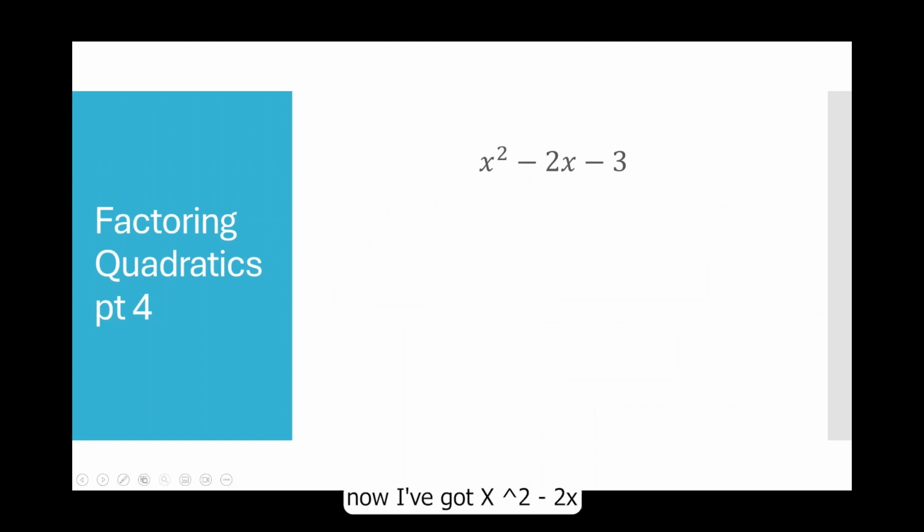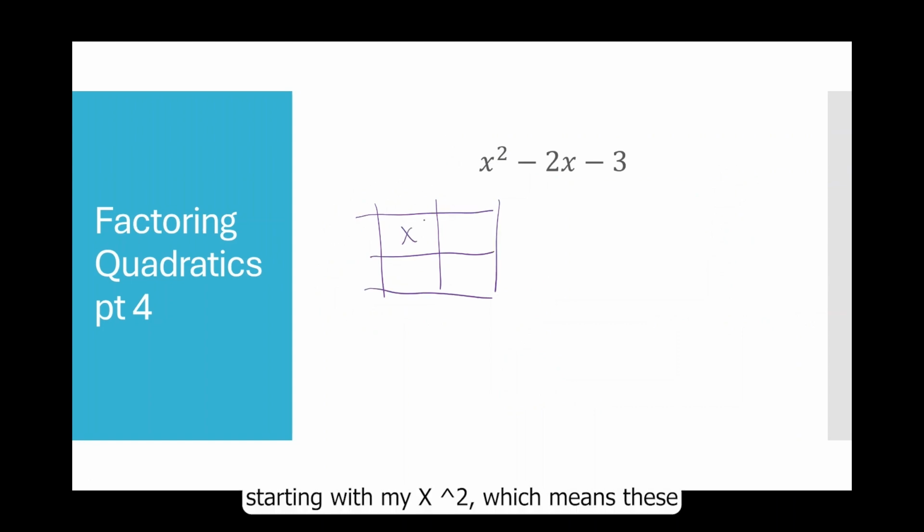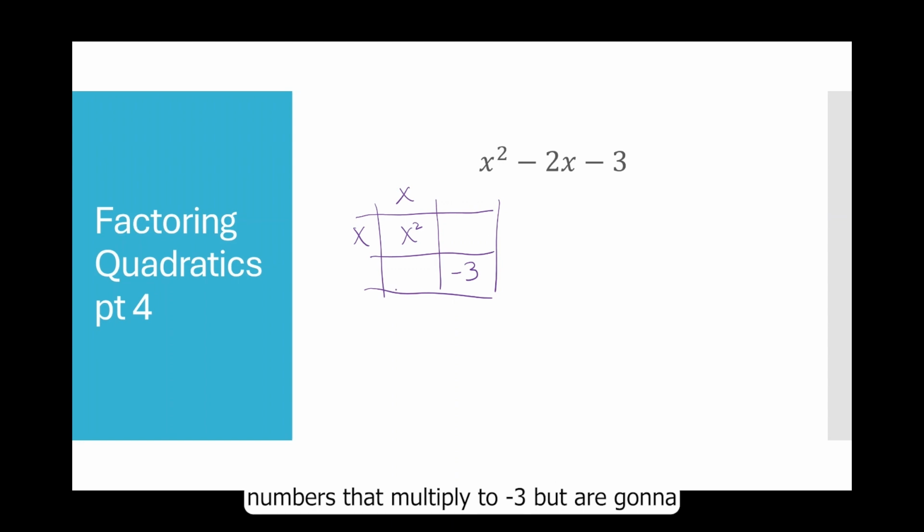So now I've got x squared minus 2x minus 3. Again, if I do the box, I'm starting with my x squared, which means these have to both be x. And down here I have a negative 3. And now I need two numbers that multiply to negative 3, but are going to add up to negative 2.